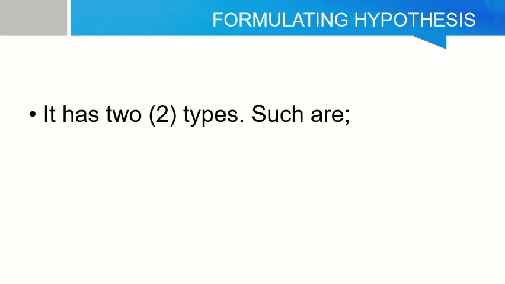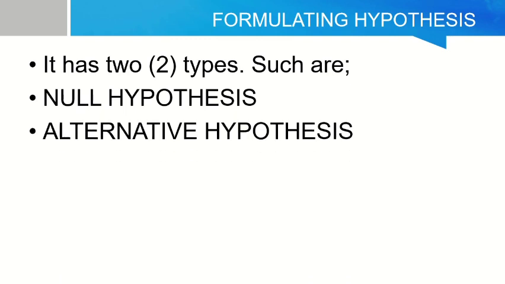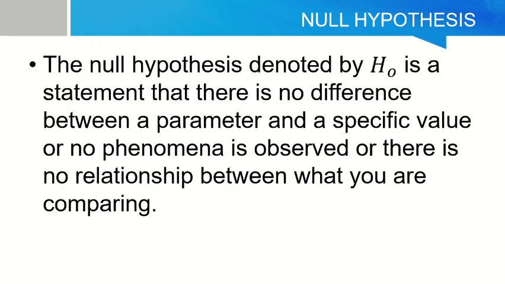In formulating hypothesis, we have two types, such as null and alternative hypothesis. So, proceed tayo sa null hypothesis. If we say null hypothesis, the null hypothesis denoted by H0 is a statement that there is no significant difference or no difference between a parameter and a specific value, or no phenomena is observed, or there is no relationship between what you have compared.